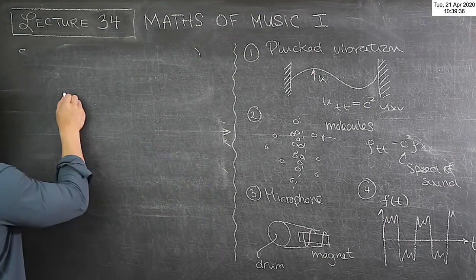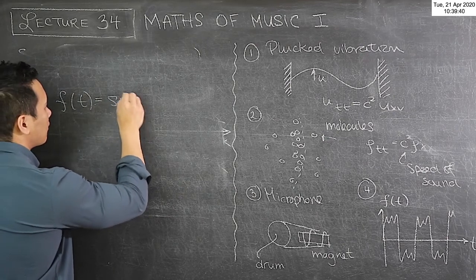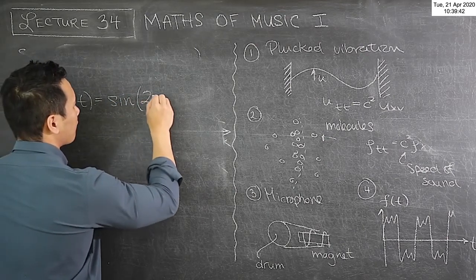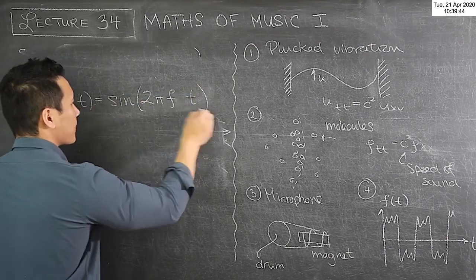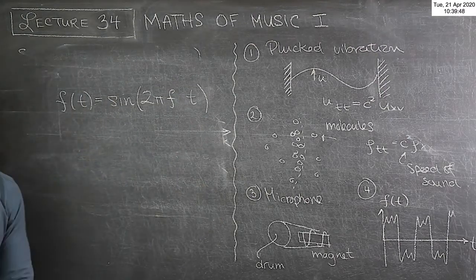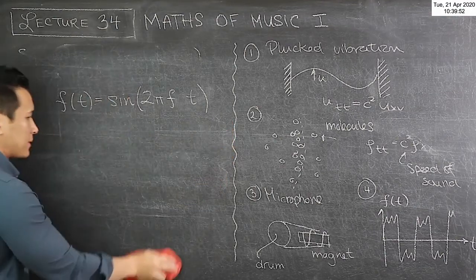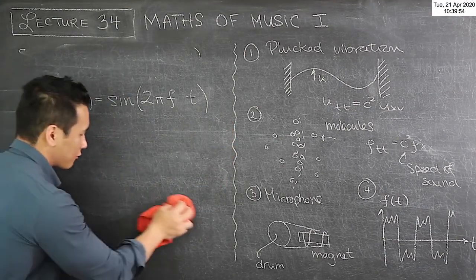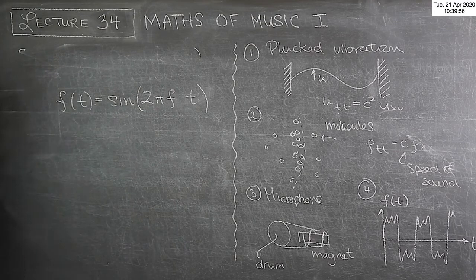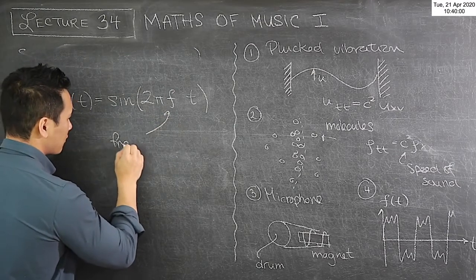Let's look at f of t equal to sine of 2 pi f times t. I've written it in this particular way with the 2 pi and the f, just because this is the standard way you would think of signals in time. This f here is known as the frequency.